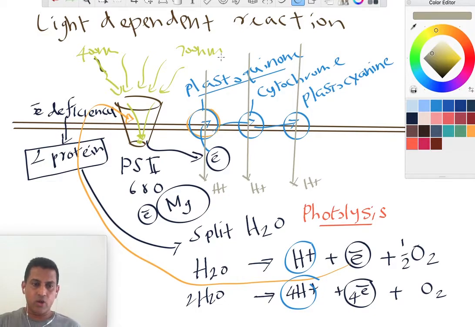So that's the stroma, and that's the inside of the thylakoid. Hydrogen ions are pumped from outside to the inside. The energy used by the electrons moving down the protein complexes is used to pump the hydrogen ions.